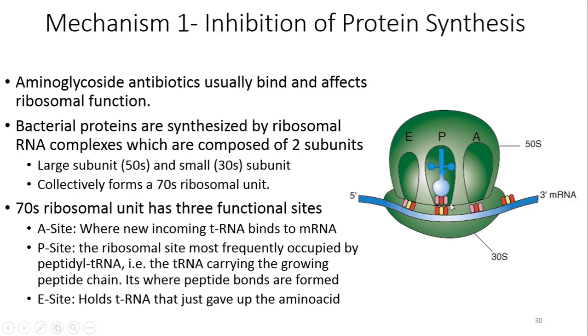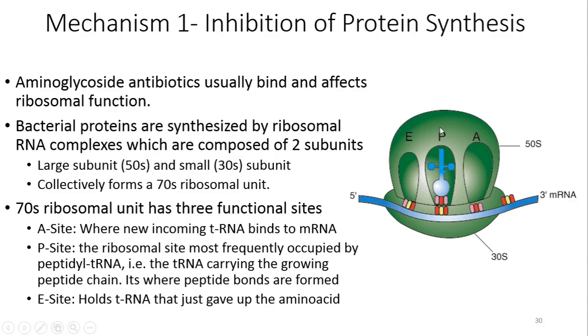So this 70S functional ribosomal unit has three functional sites. We call them the E site, P site, and A site. So this A site is where the new incoming tRNA binds to mRNA.